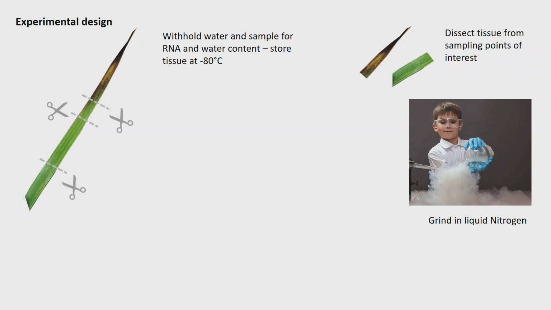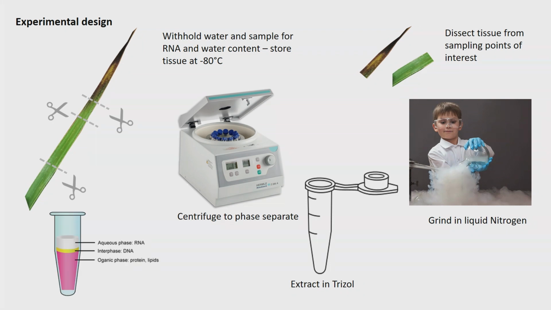This was me at the beginning of my PhD, grinding samples in liquid nitrogen. Very scary at first, totally overwhelming. We extract them in this compound called TRIzol, which, once you centrifuge it, phase separates your sample into RNA, which is the transcripts that we're interested in, the DNA, which is the genome level information, and then everything else, which is the proteins and lipids and cell debris.